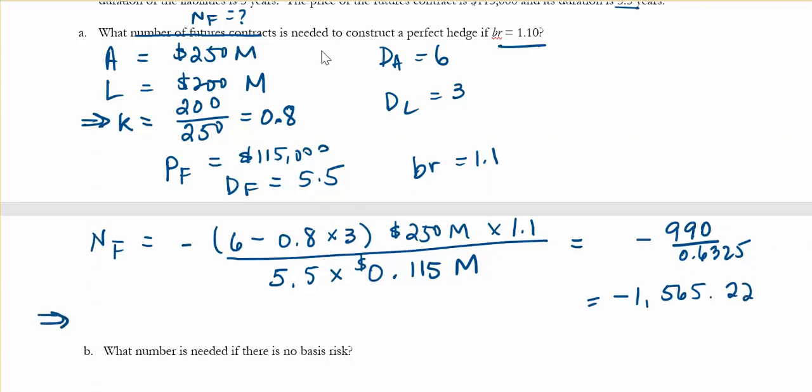Because we have a negative, this means we're going to sell 1,565 futures contracts, because you can't do a fraction of a contract.